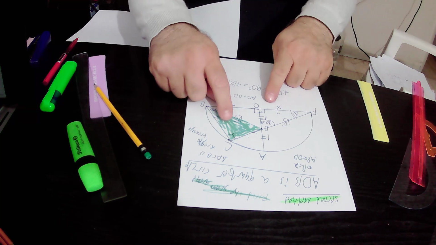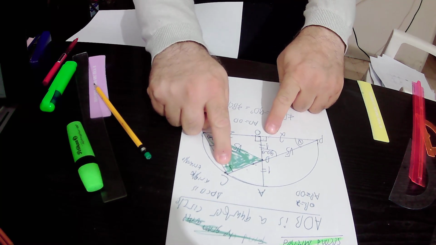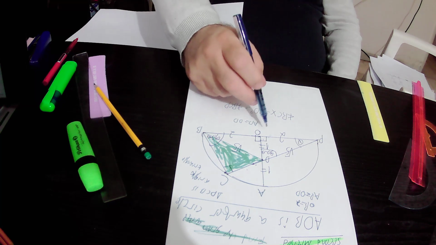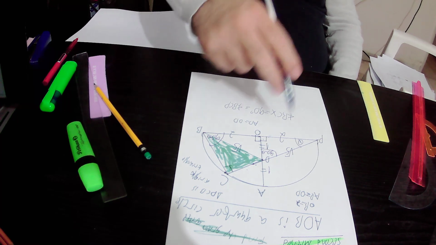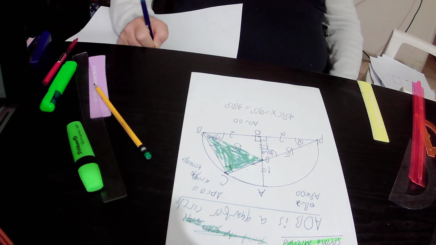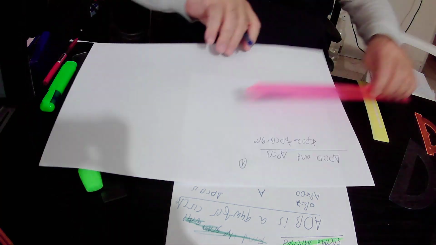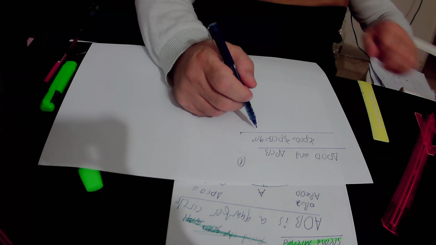First of all, those two angles are both equal to 90 degrees, therefore they are equal to each other. So angle POD equals angle PCB, and they are both equal to 90 degrees.